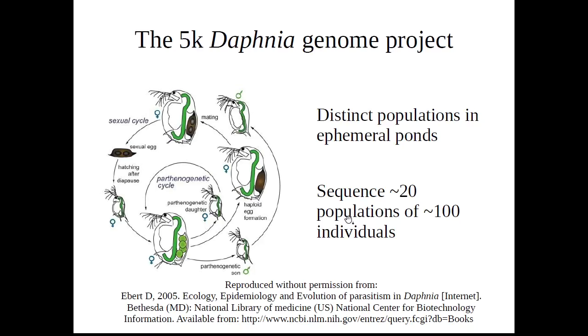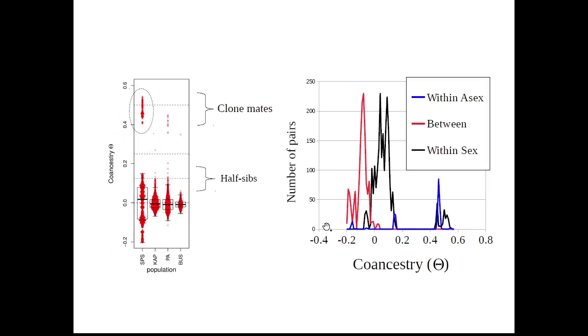Now, this is primarily a methods talk, so I really won't be giving a lot of detail about biological systems, but we have applied this method to a large-scale population genomics project in Daphnia, which is this small freshwater crustacean that lives in ephemeral ponds. And when we look at the whole genome data and analyze for relatedness, we can pick out the sorts of things you'd expect, like genetically identical individuals, which aren't surprising in Daphnia because there is some asexual reproduction.